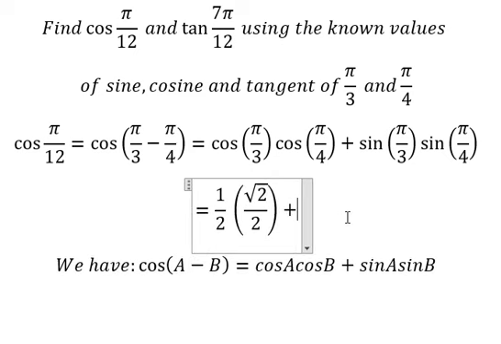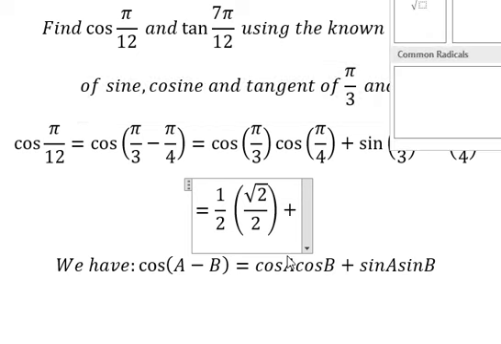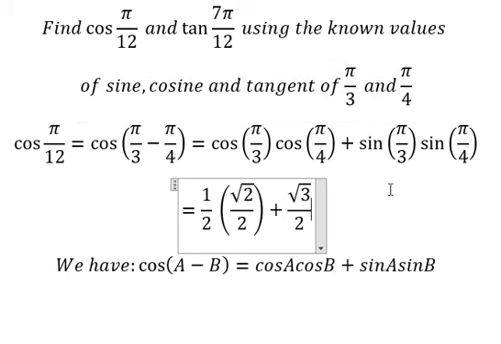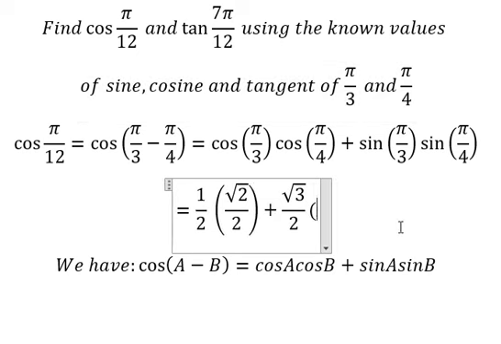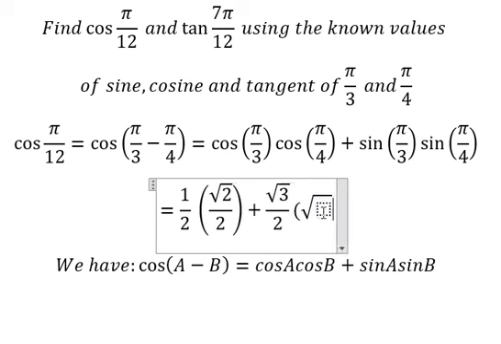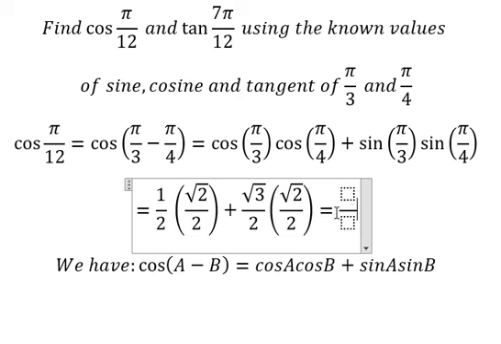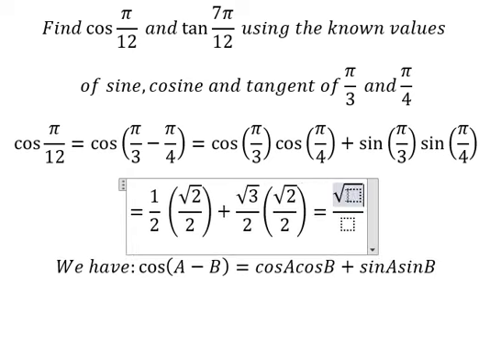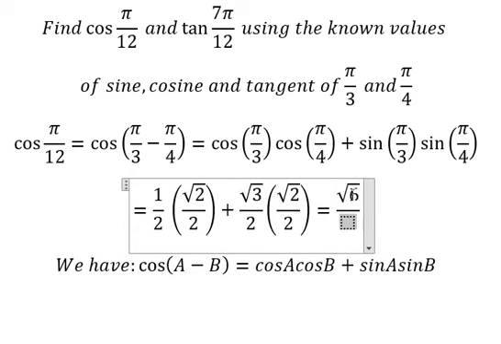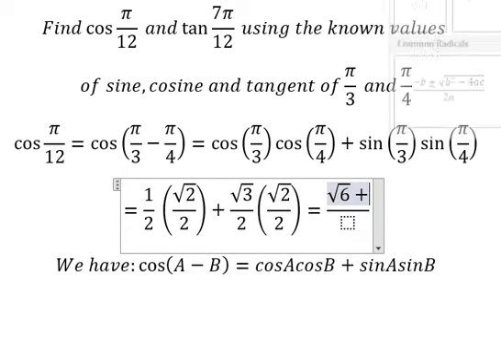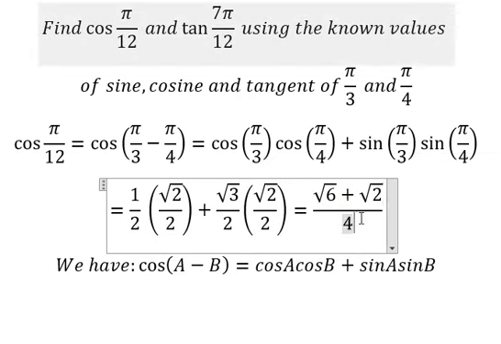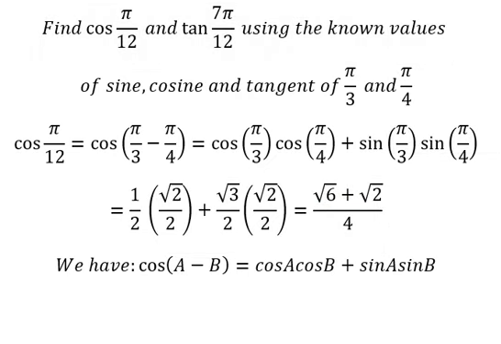This one, that is about the square root of 3 over 2. This one, that is about the square root of 2 over 2. So we calculate and we have the square root of 6 plus the square root of 2 over 4, and this is the answer.